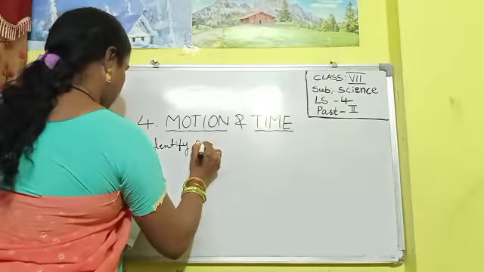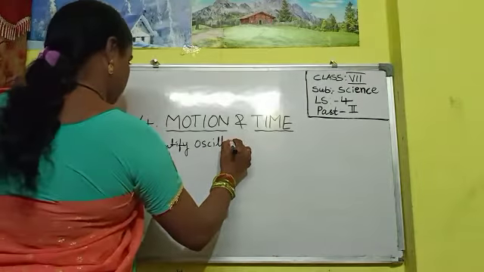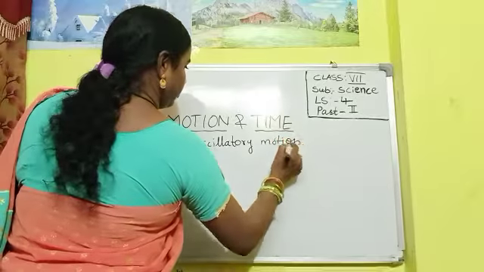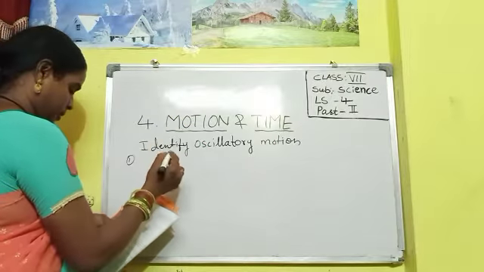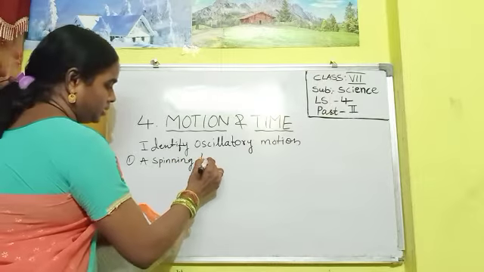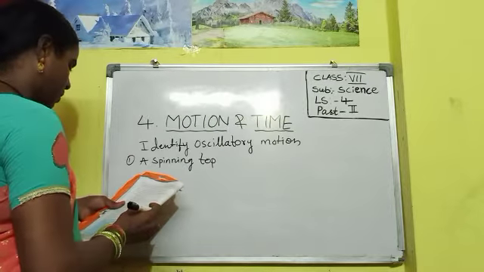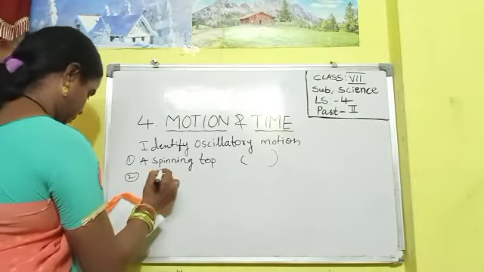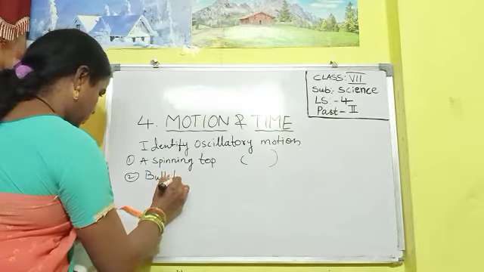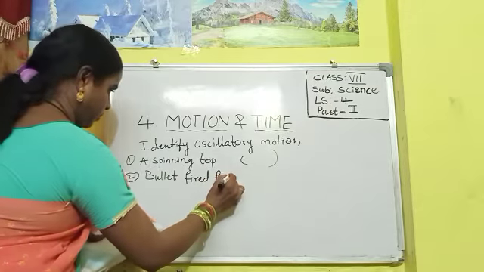Identify oscillatory motion. So the first one they have given here is a spinning top. Bullet fired from a gun.